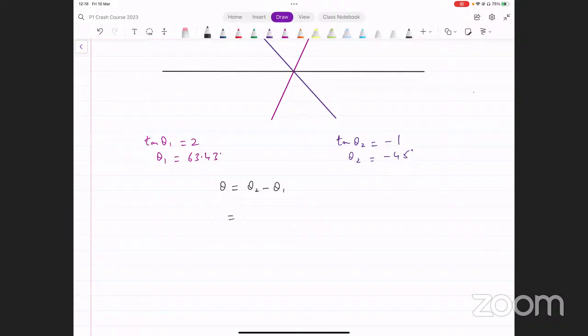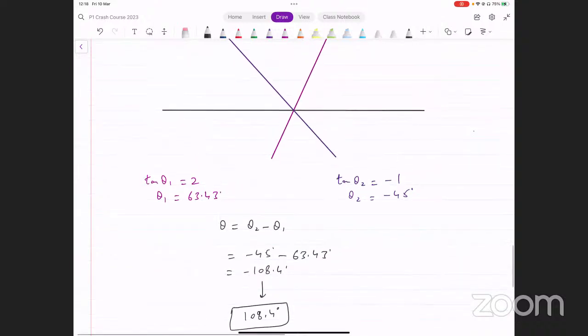So θ2 is -45, so that's -45 minus θ1, which is 63.43. And that gives you minus 108.4. And that means the angle is 108.4. So only change the sign at the very end, in the last step. Okay. That's the angle between these two lines.